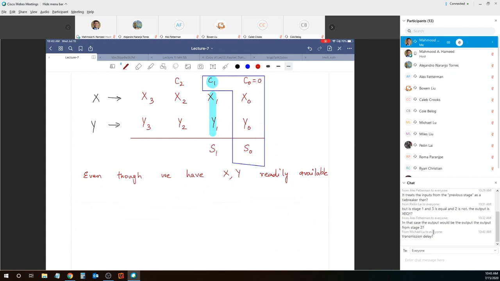Even though we have those two readily available, addition is slow because we need to wait for carries. Carry is what? From the previous stage, from previous addition operations.